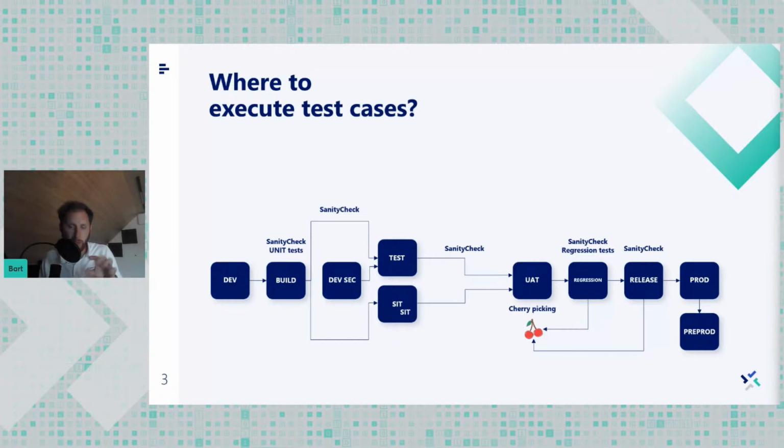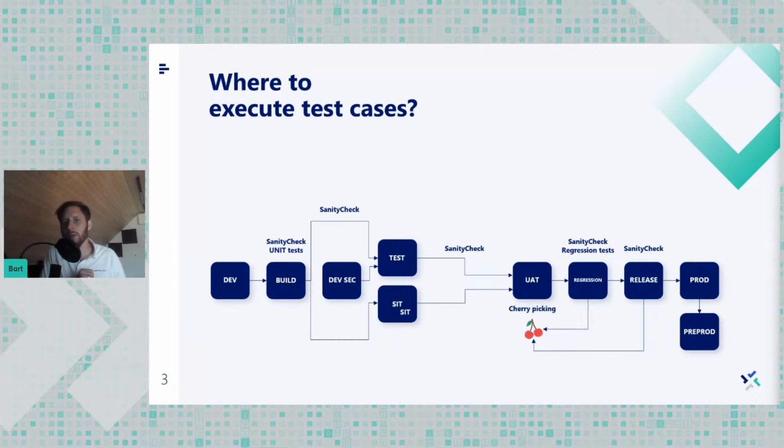On the UAT, below UAT, there is something called cherry picking. For those of you who don't know the idea, cherry picking is moving a solid and sealed functionality, which was a part of the delivery package, which is supposed to go straight to the release. But this is just one component which is ready from the implementation side or from ongoing CI/CD.